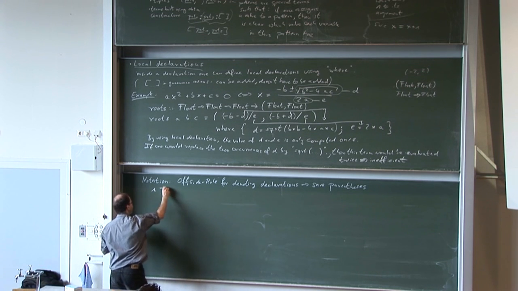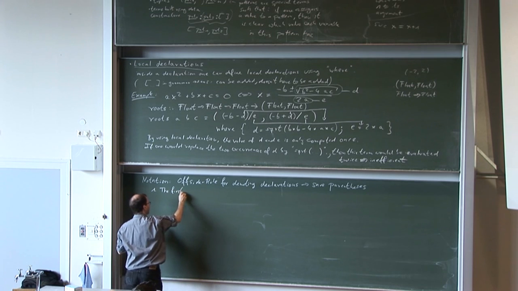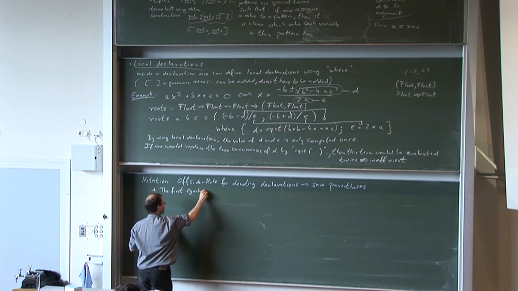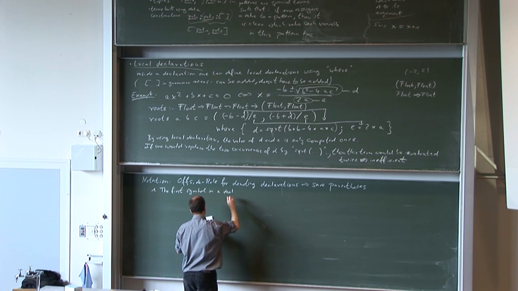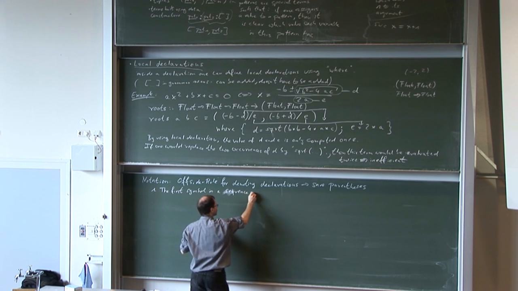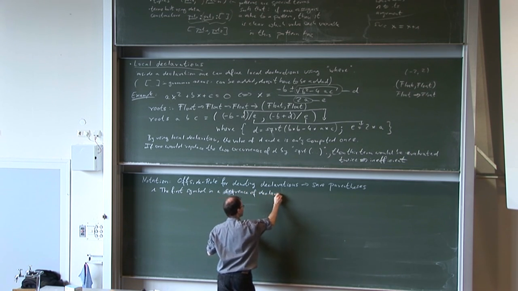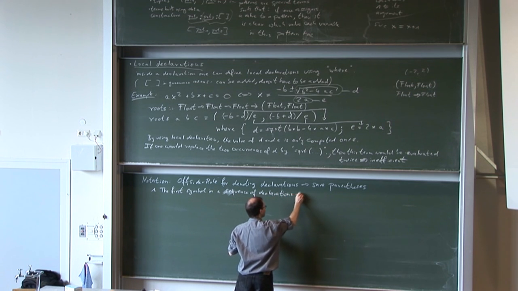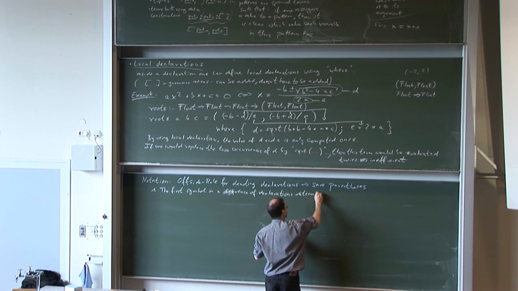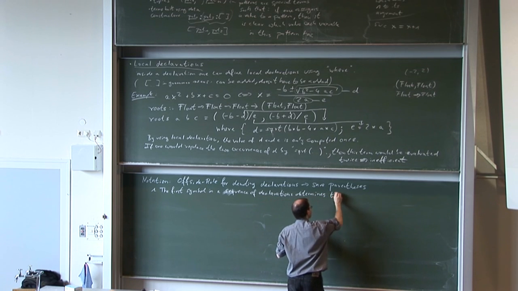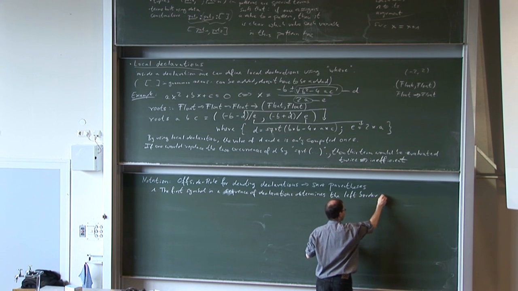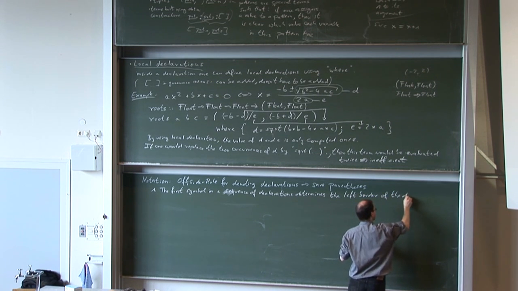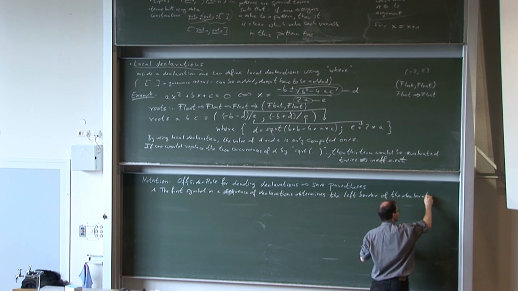So the first symbol in a declaration block, or in a sequence of declarations, determines the left border of the declaration block. I will give an example in a moment.